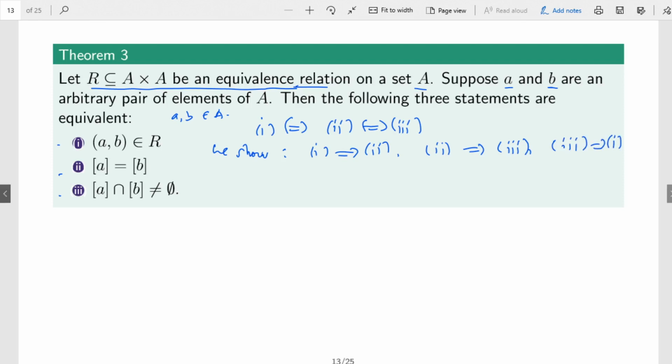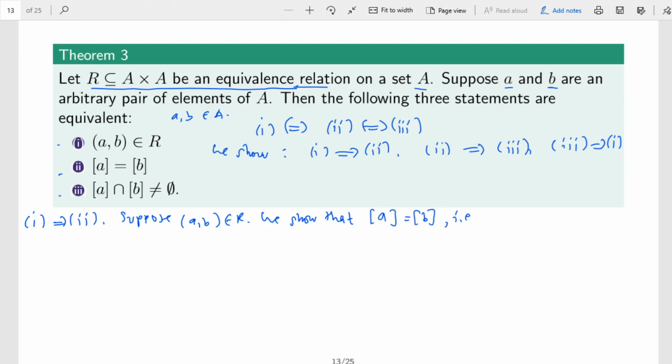Now let's start with the first one. Let's establish 1 implies 2. So suppose (a, b) is in R. Now we show that the equivalence class of a is the equivalence class of b.